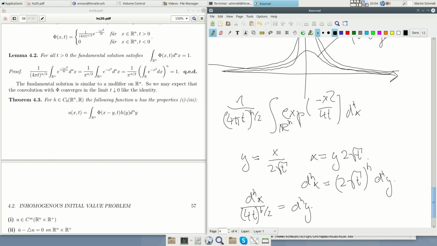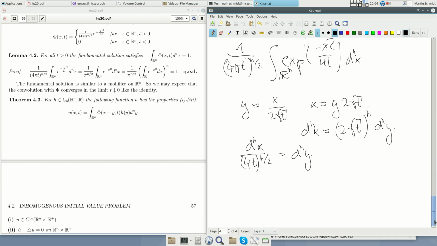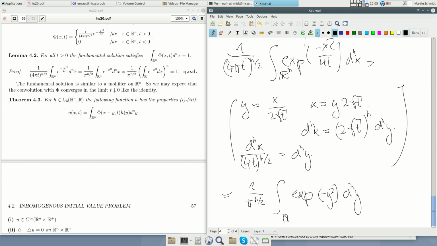Without the pi, we continue, this is just some short calculation in between. So we have 1 over pi to the n over 2 times the integral over Rn of exponential of minus y squared dny.